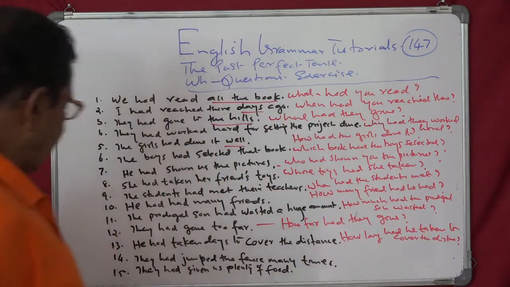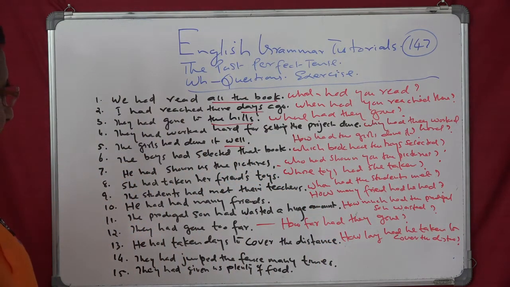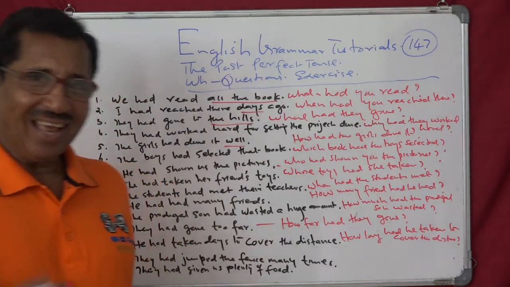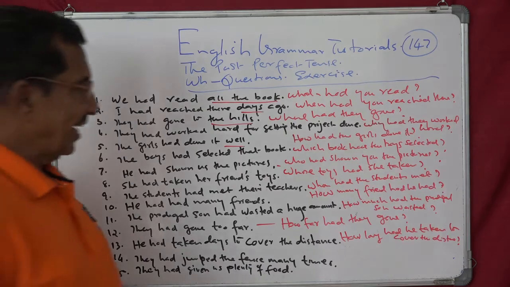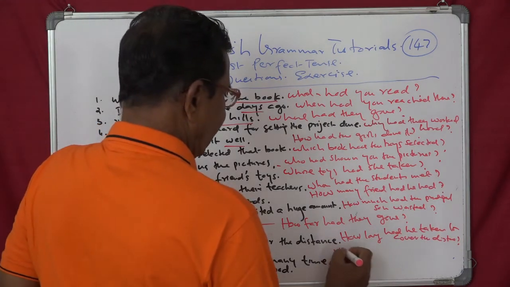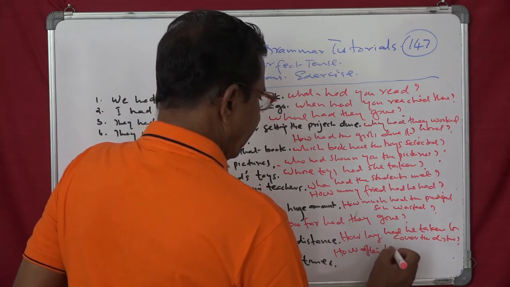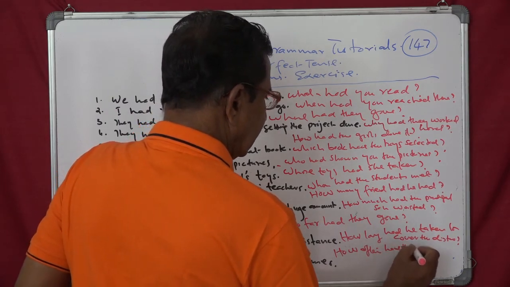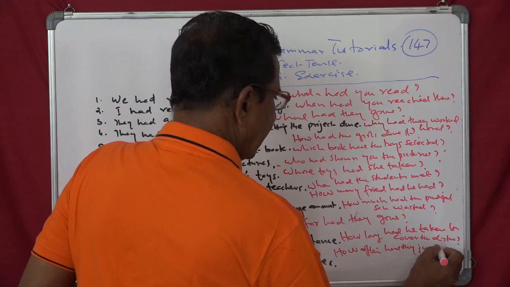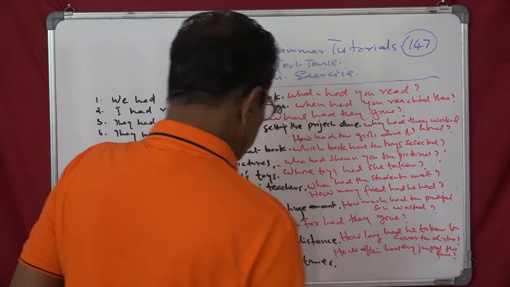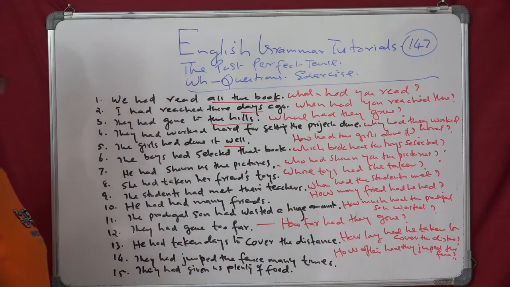And the 14th one, they had jumped the fence many times. How often had they jumped the fence? How often had they jumped the fence?